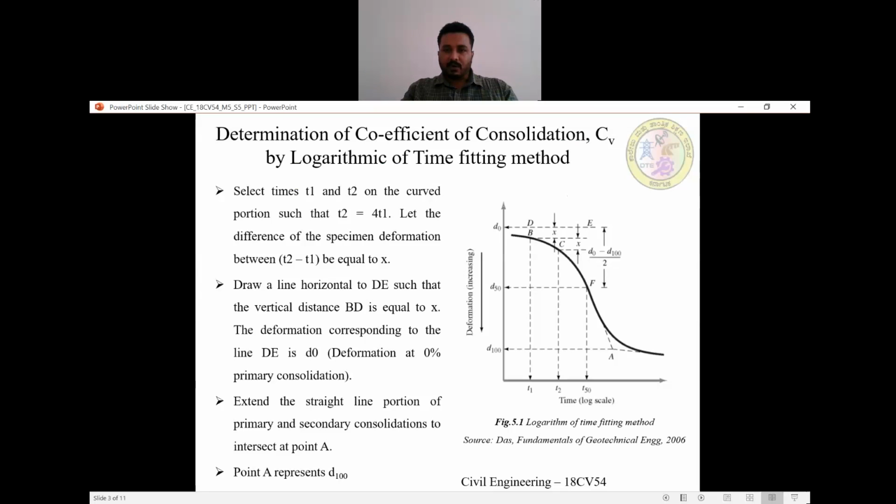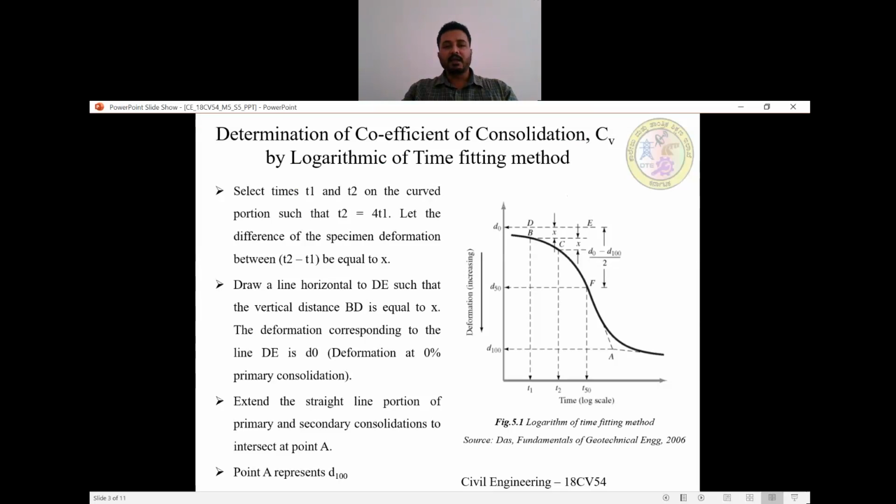So by that we can locate the points B and C corresponding to time t1 and time t2. The difference in the specimen deformation between t2 and t1 will be equal to x. What I mean to say is the point BC will have an intercept of x.